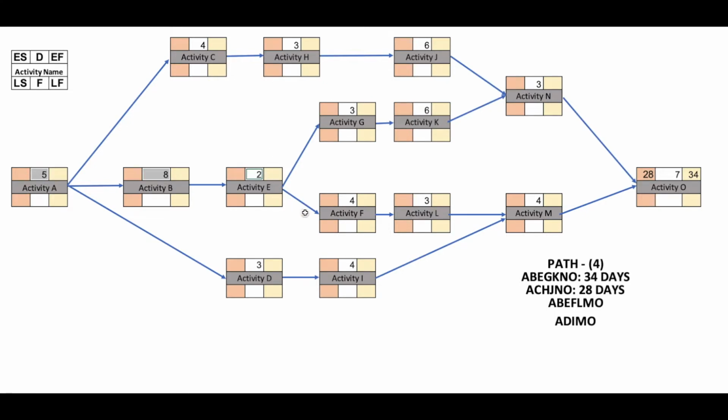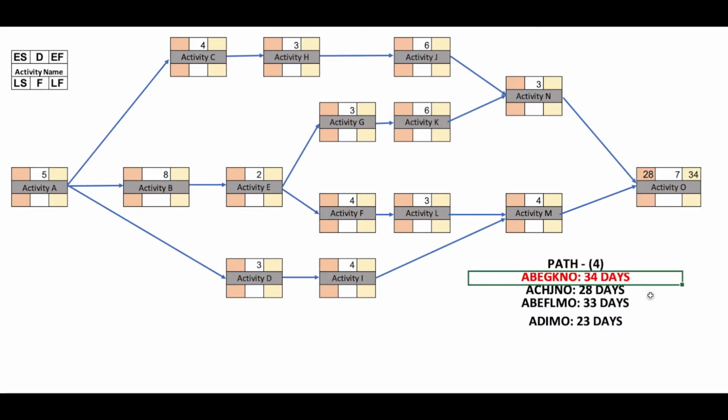Okay, let's move to the third one: A, B, E, F, L, M and O. The total duration is 33 days. Then A plus D plus I plus M plus O has a total duration of 23 days.